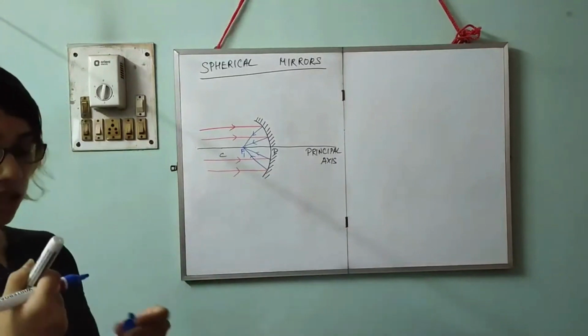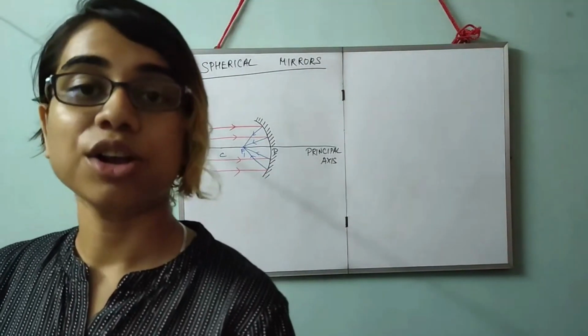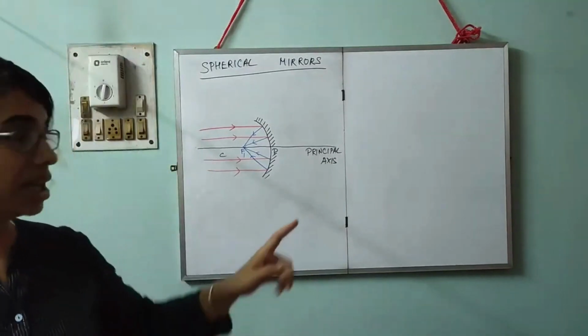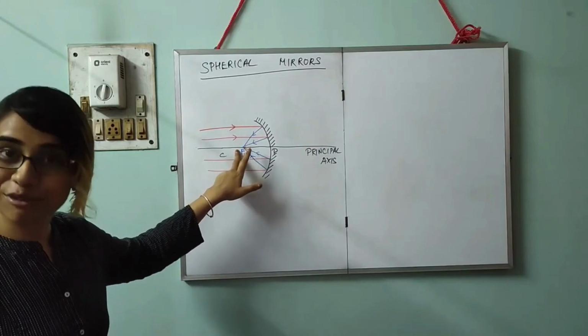This is the principal focus, the point where all the reflected rays converge and meet. This is the principal focus of a concave mirror.